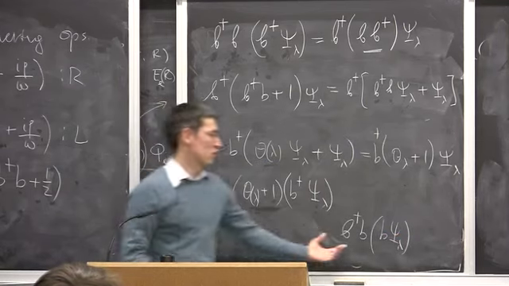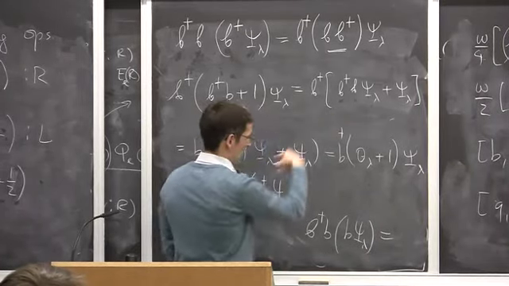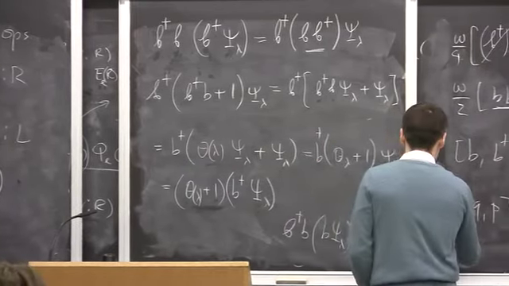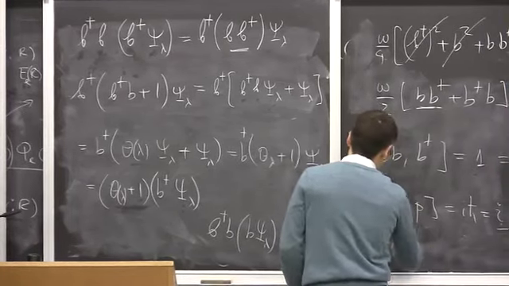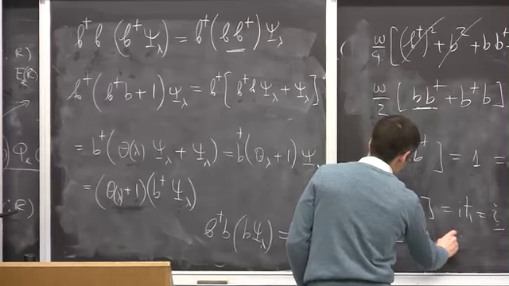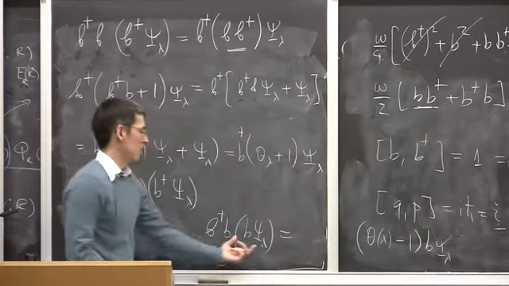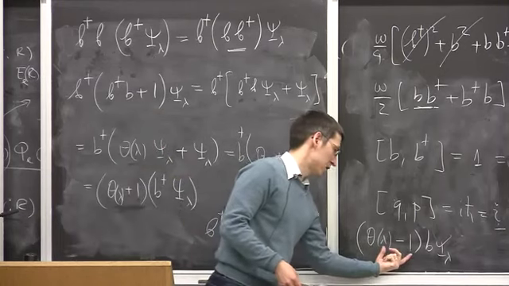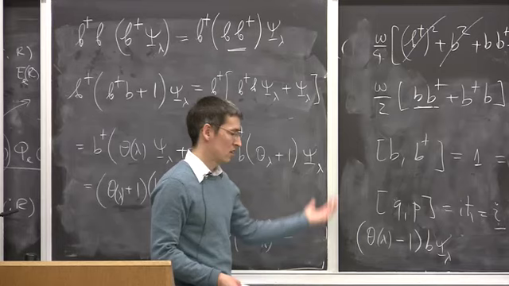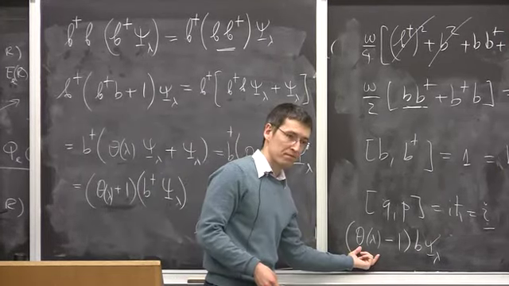It turns out you can show, through the same kind of technique, that this will be theta lambda minus 1 B psi lambda. You can see that it's also an eigenfunction, but with an eigenvalue that is 1 unit lower than the original one.